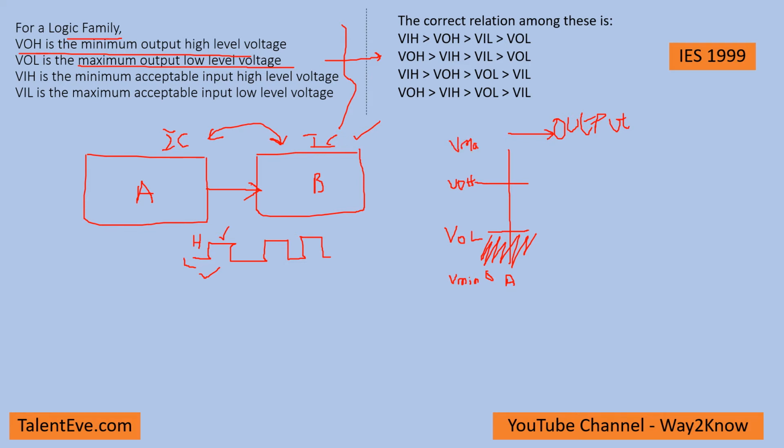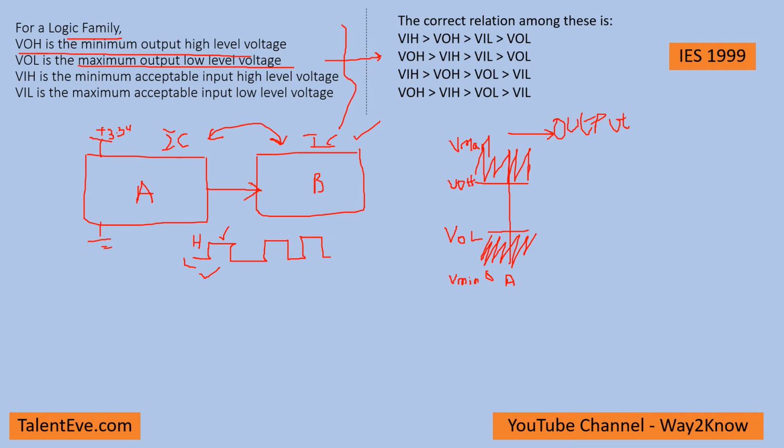Any voltage between these is treated as high by A. Now this V minimum and V maximum depend on the supply rails that are provided. Suppose if you give plus 3.3 here, for example, 3.3 would be the maximum voltage here, and definitely there will be ground, right? So 0 will be the minimum voltage.